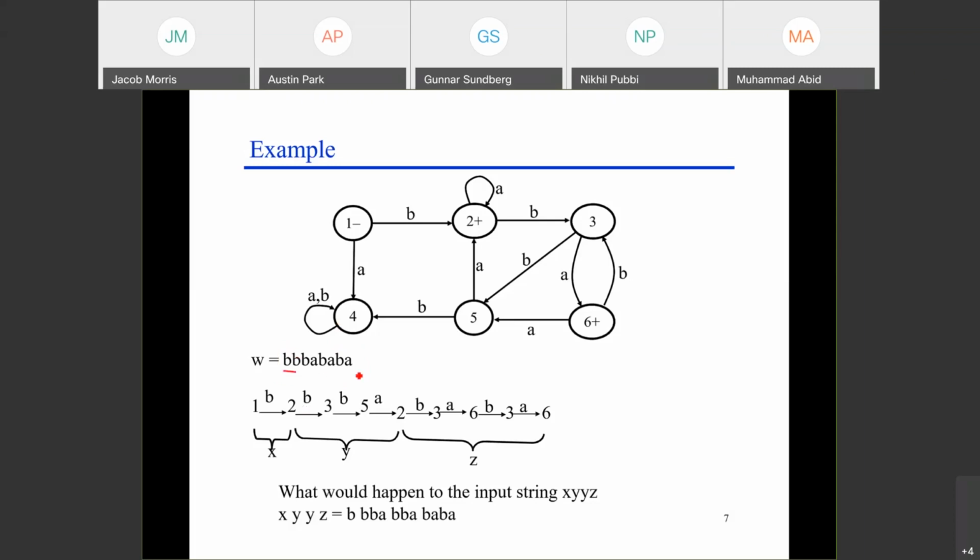B, B, B: we start from here, one B, second B, third B, and then A, and then B, and then A, then B, and then A. So we finish at the final state. So this is a valid word. It should be accepted by this machine.